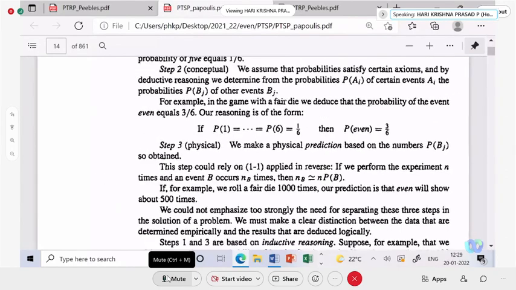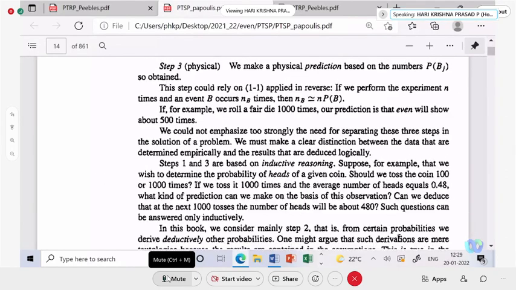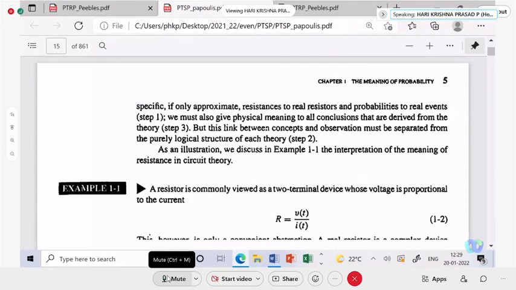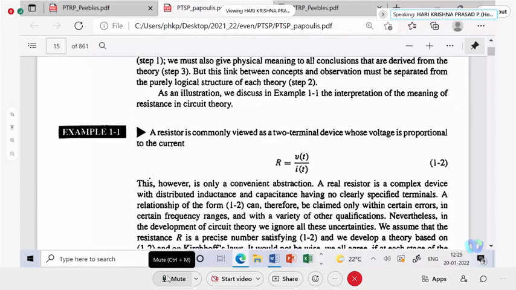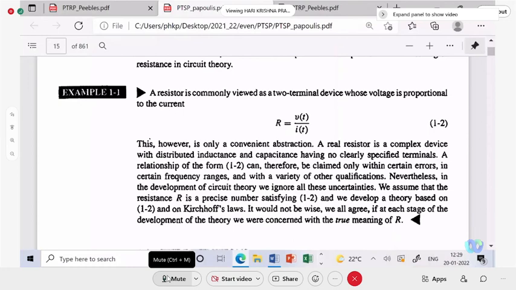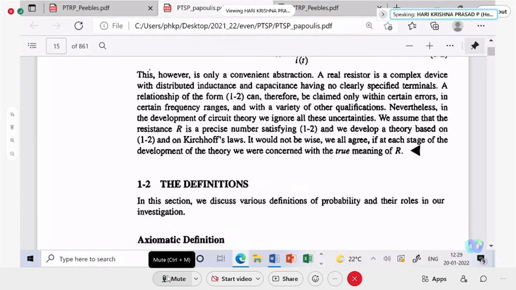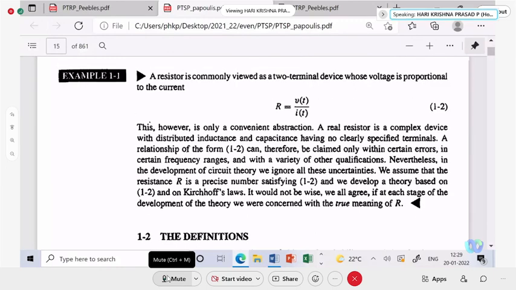Okay. See, in this chapter, you see worked out examples. This is one worked out example, right? What is this? A resistor is commonly viewed as a two-terminal device whose voltage is proportional to the current. Okay, that is the formula. What is he trying to explain?